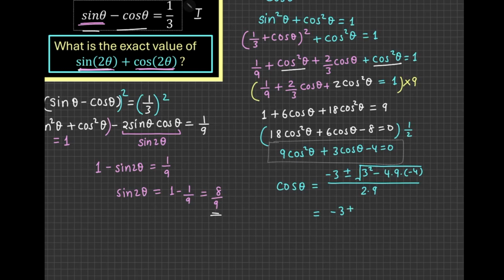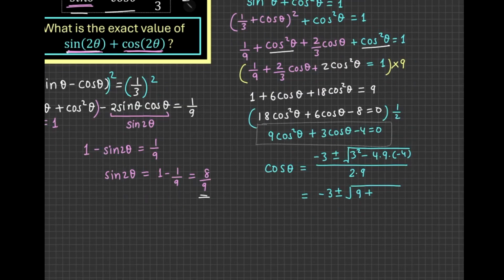Minus 3 plus or minus, 3 squared is 9, and the 2 minuses become plus 144, divided by 18. This further gives us minus 3 plus or minus square root of 153, divided by 18.